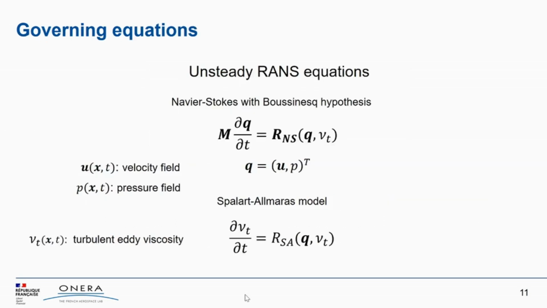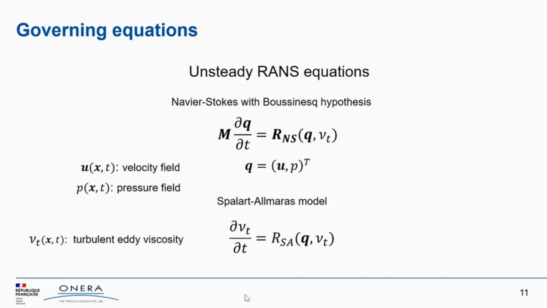So to go a bit more into details into the equations, I've shown here the unsteady Reynolds-averaged Navier-Stokes equations, written with a Boussinesq hypothesis. So Q here is a variable vector gathering the statistically averaged velocity field and the pressure field as well.